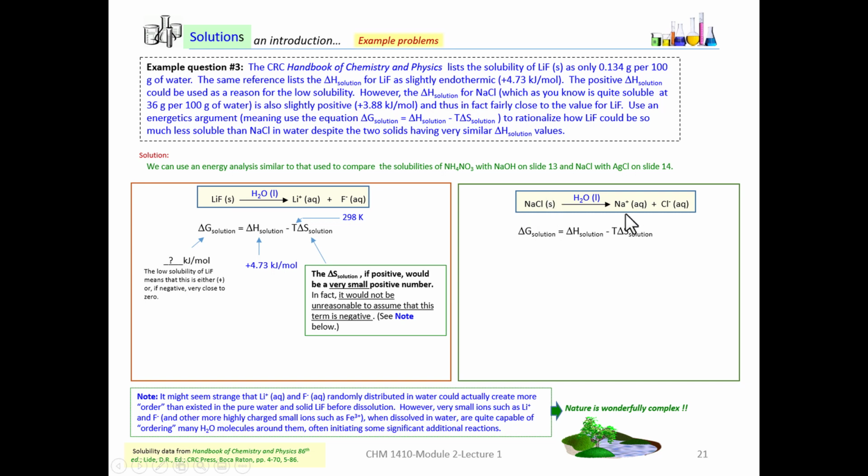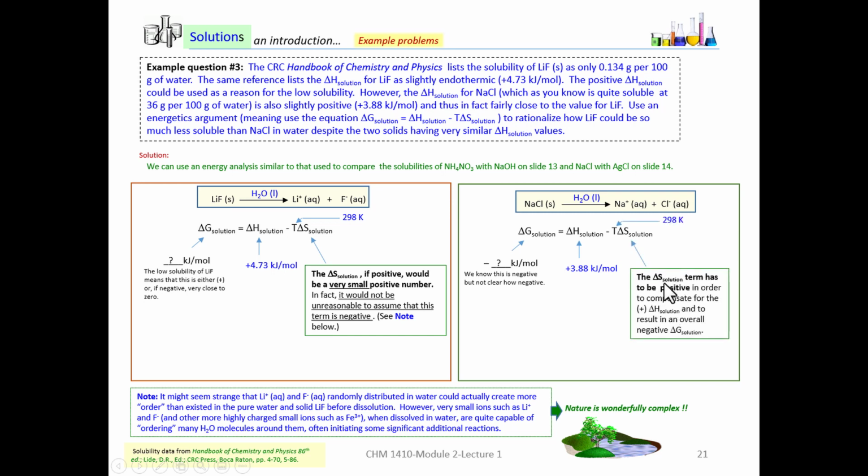Let's look at sodium chloride, which we've looked at before. We know that delta G of solution is fairly negative. We know that delta H of solution is positive. So we know that delta S has to be positive in order for the minus T delta S term to overwhelm this positive term and make this fairly negative, which we know it is because sodium chloride's pretty soluble in water.